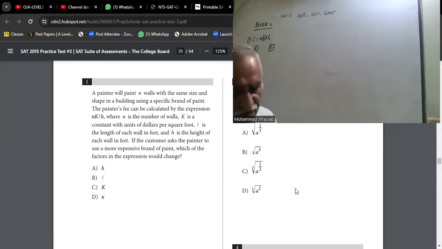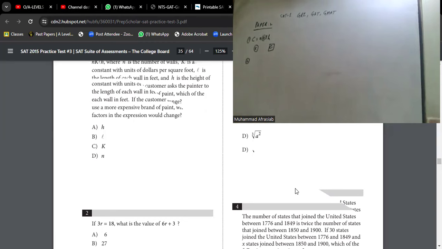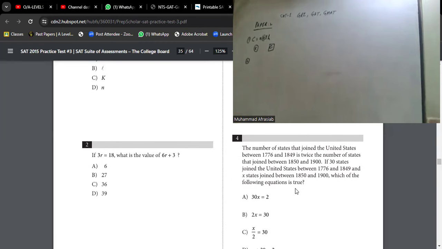Now question number 2. If 3r is equal to 18, what is the value of 6r plus 3?